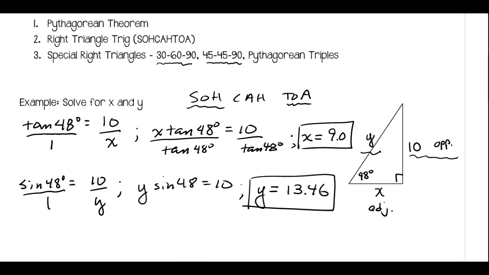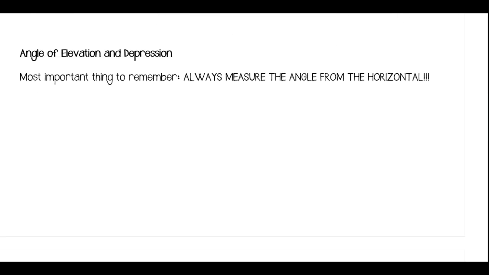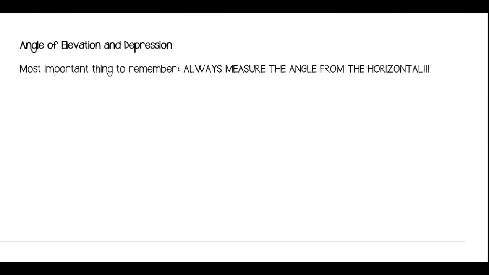Alright, so moving on. Angle of elevation and depression. Before we talk exactly what they are, I want to caution you that the most important thing to remember with this concept is to always measure the angle from the horizontal. So we're going to draw a little picture here.